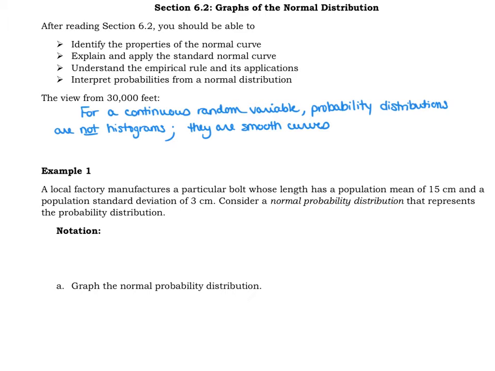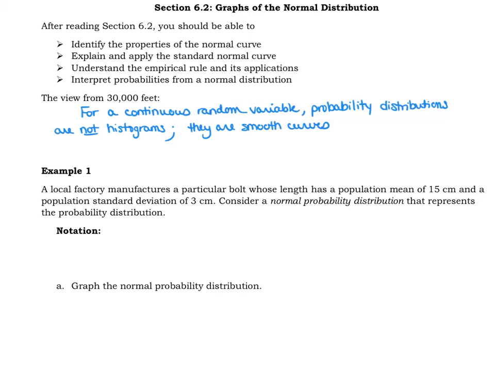Remember, we can take on infinitely smaller details here, number of ounces, number of inches. We can keep whittling those down to smaller and smaller increments. Because of that, probability distributions are not histograms, they are smooth curves.